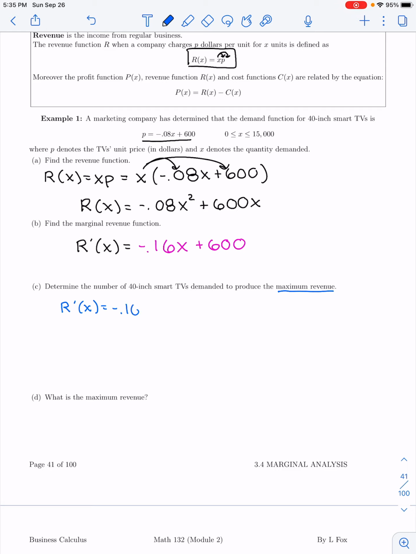Take that derivative and set it equal to 0. We're going to find our critical number here. This one's nice to solve. It doesn't have an x squared and an x, so we don't have to factor this, which is great. We just need to get x by itself. We can do that by first subtracting 600 from both sides. So we would get negative 0.16x equals negative 600.